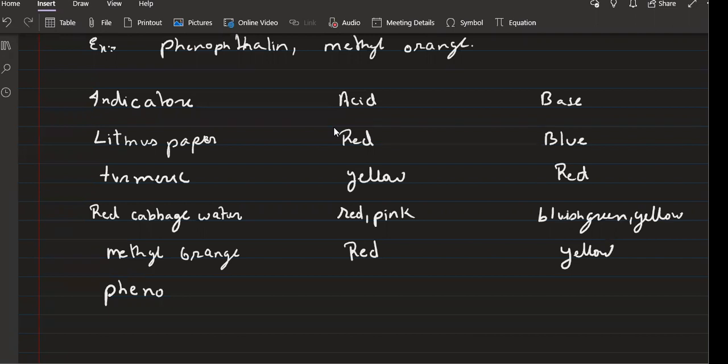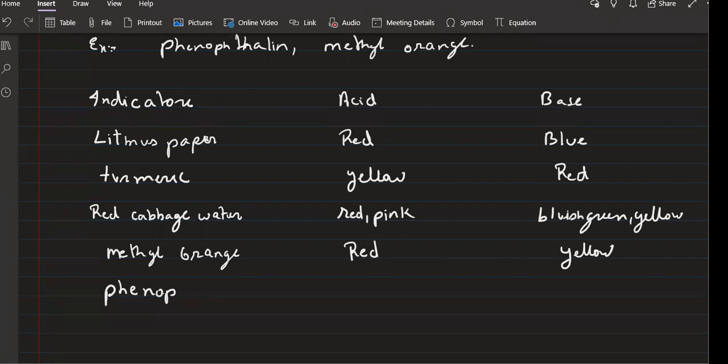I will send you the list of all the indicators. Okay, phenolphthalein.